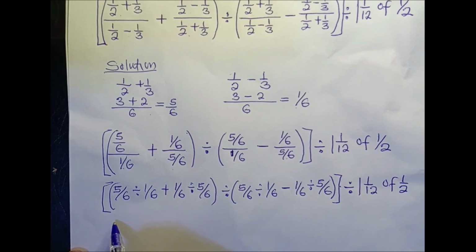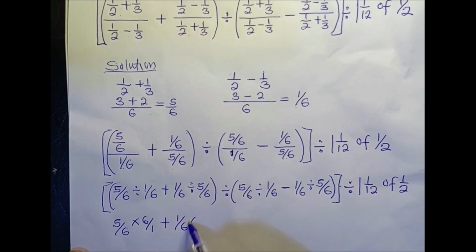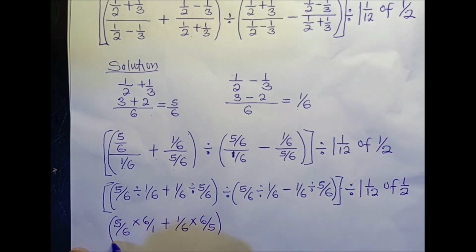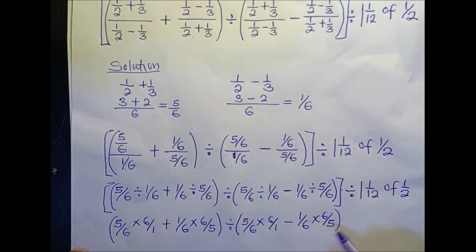So this one can be written as 5 over 6 times 6 over 1 plus 1 over 6 times 6 over 5, bracket close, divided by brackets open 5 over 6 times 6 over 1 minus 1 over 6 times 6 over 5, bracket close.